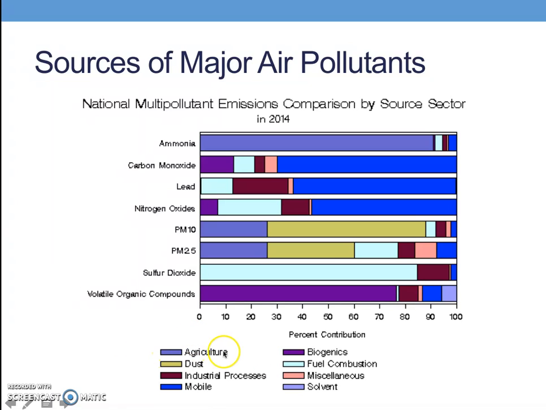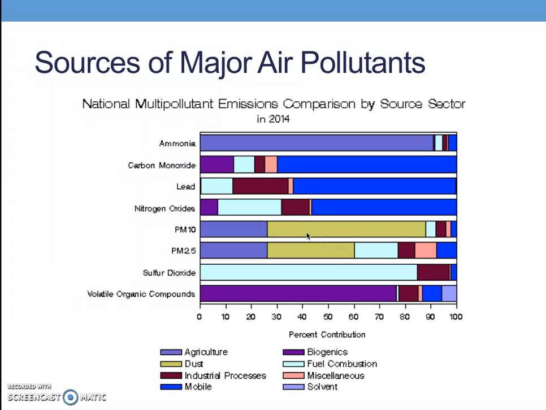Agriculture is another important source of major air pollutants. We see that agriculture is one source, not the major source, but one source of particulate matter, and it's the major source of ammonia, which contributes to particulate matter. The other major source is dust, and that's largely from construction.